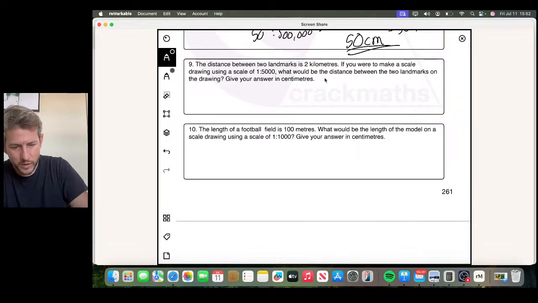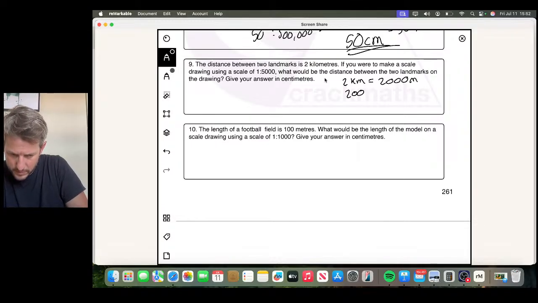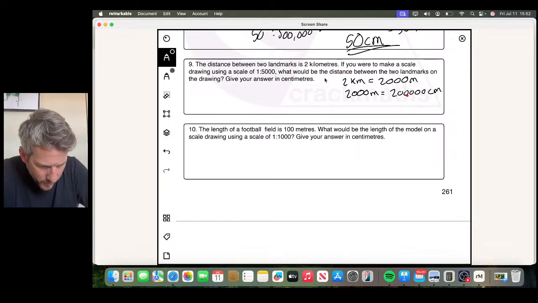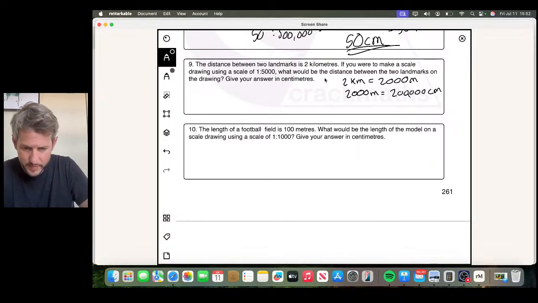So 2 kilometers equals 2,000 meters. 2,000 meters equals 2,000 with an extra 2 zeros centimeters, which is 200,000 centimeters.